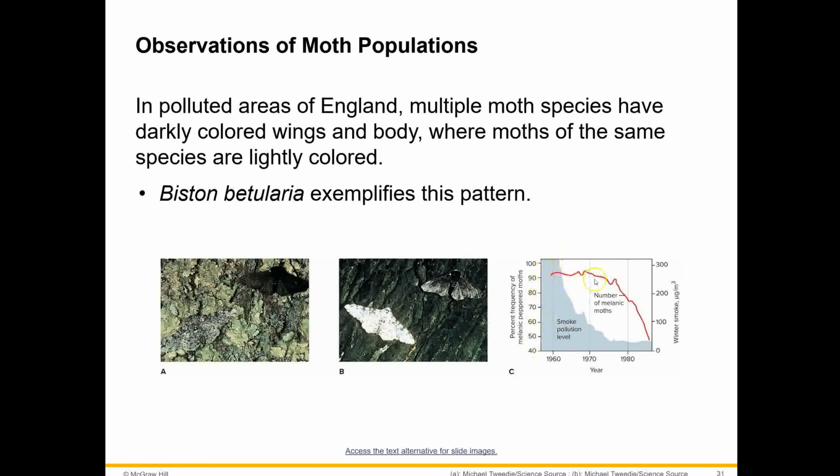There was also a large number of melanic moths, the dark moths. But as we cleaned up the soot from the trees in England, the number of these dark moths declined drastically out of the 1980s into the 1990s.